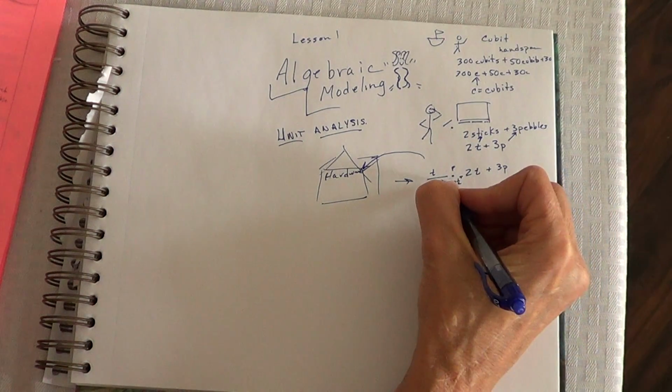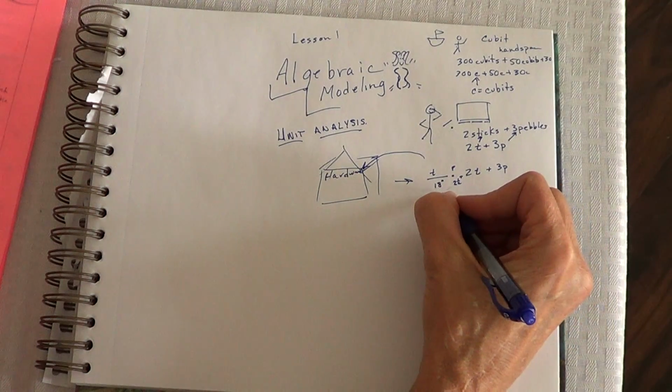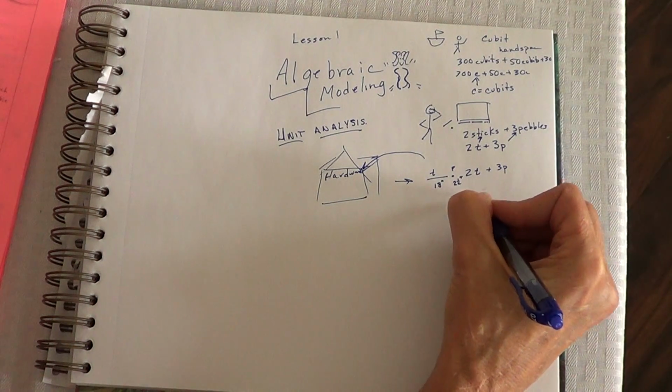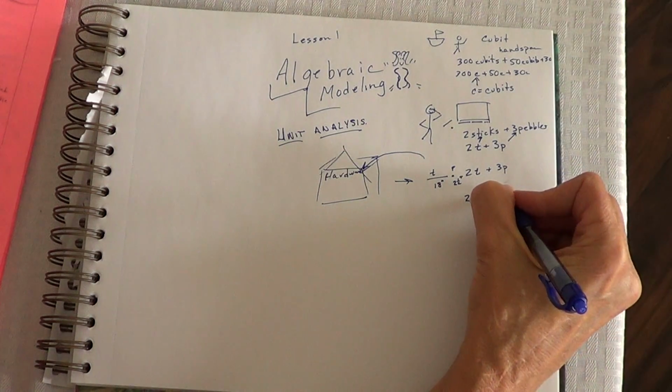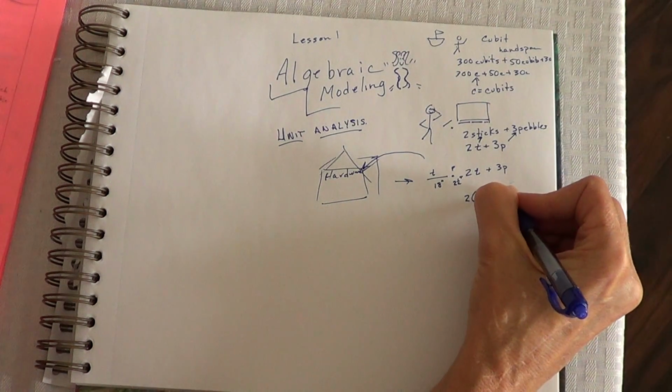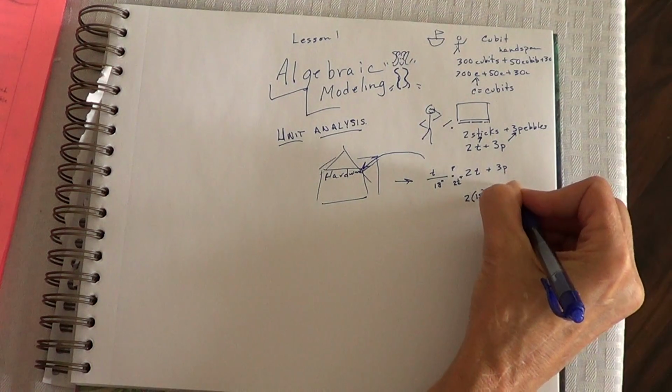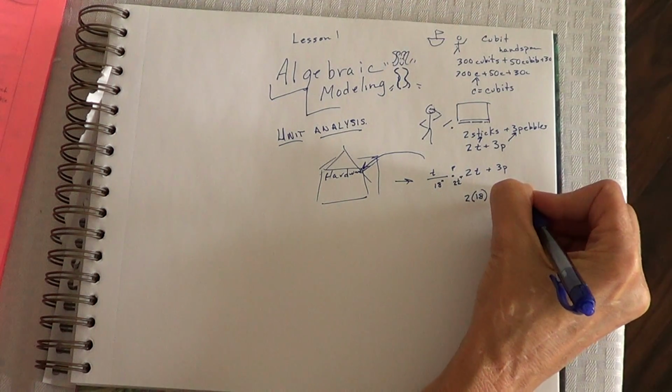you have to figure out, okay, how many inches do I need? Well, in this case, you'll have to plug in 18 inches for your stick and 2.5 inches for your pebble.